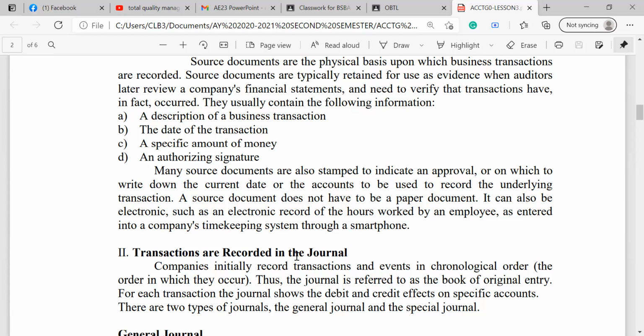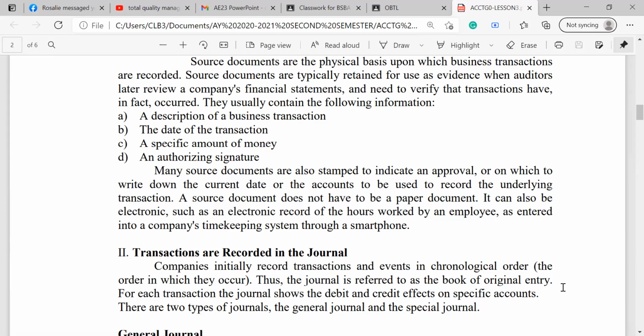Okay? Pero, dito na-mention po natin yung salitang journal. Ay, ano ba yung journal? Okay? Sabi dito, the journal is referred to as the book of original entry. Okay, paliwanag natin. Bakit po tinawag na book of original entry yan? Kasi, sa journal, nire-record initially ang transaction.